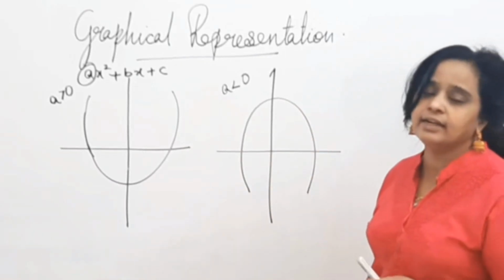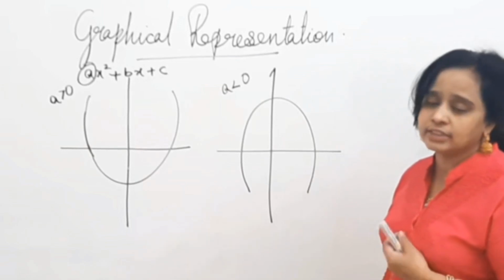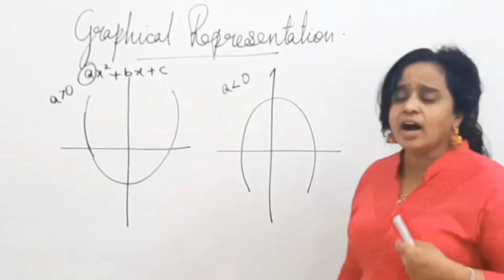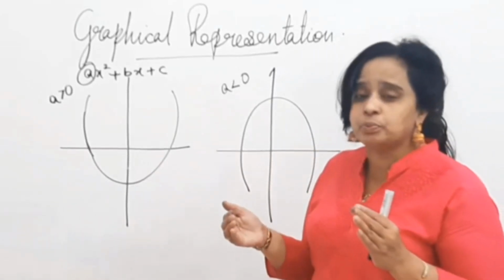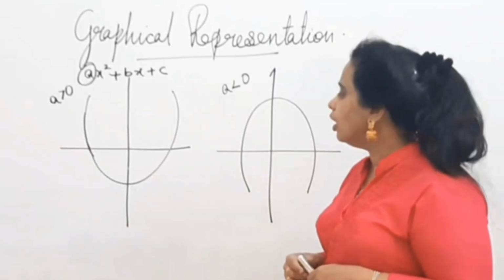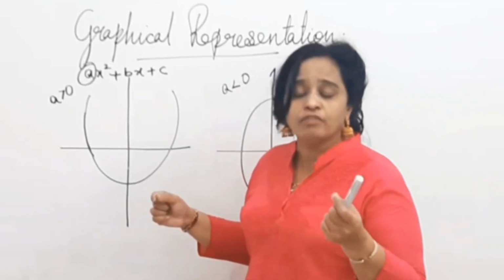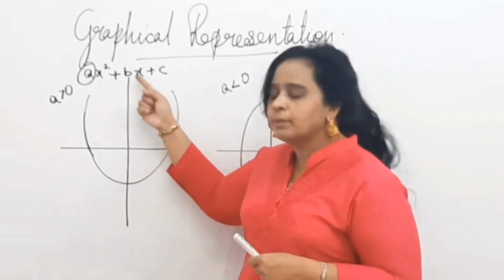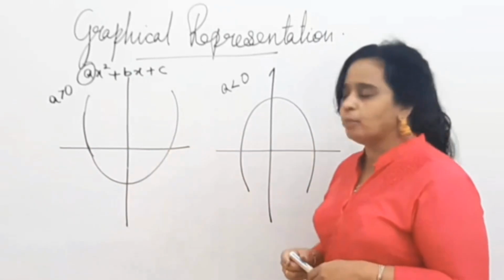Hope you understand the difference between the upward and downward opening parabola. Now, what are the zeros of the parabola? How do we connect that algebraic explanation with this graphical explanation of the parabola? I told you the value of x which makes the quadratic polynomial 0 is said to be the zero of a polynomial.